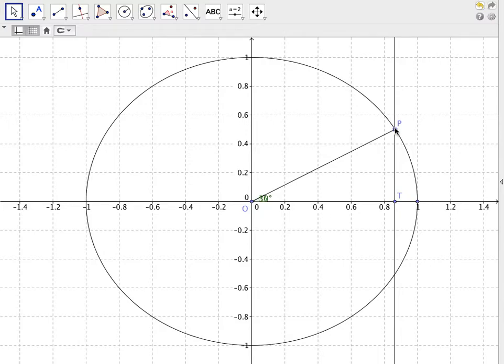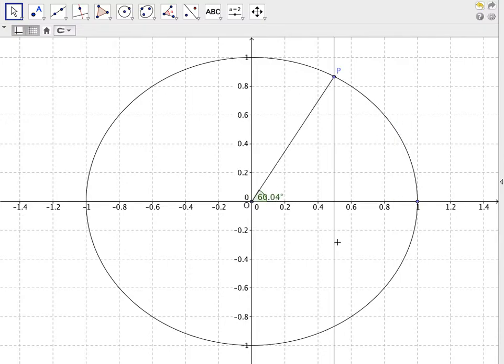Okay, so this is a graph with the 30-degree angle. What if we change that from a 30-degree angle to a 60-degree angle?